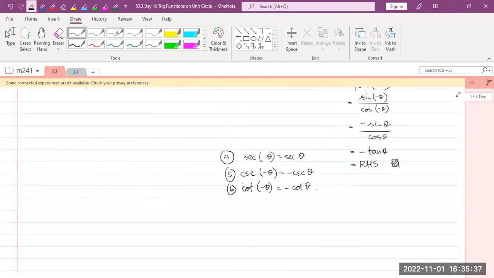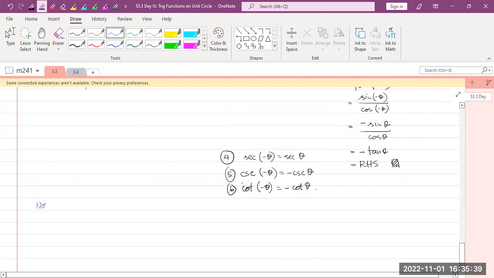Some little note to add. Note, a function f(x) is called an even function if the value at negative x is the same as the value of the function at x.